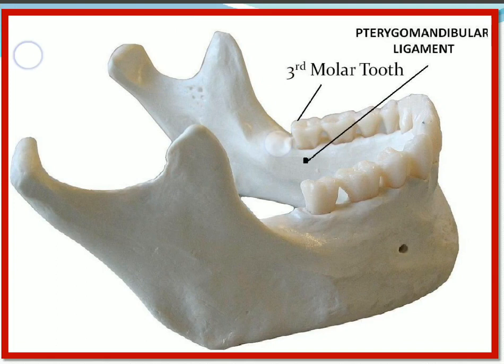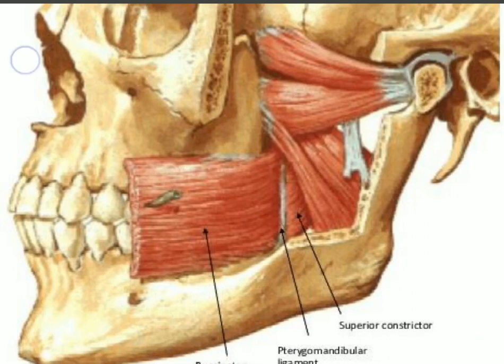So somewhere here it gets inserted. This is the pterygomandibular ligament. It is coming from the medial pterygoid, the pterygoid hamulus, and down on the inner side of the mandible it is getting inserted.